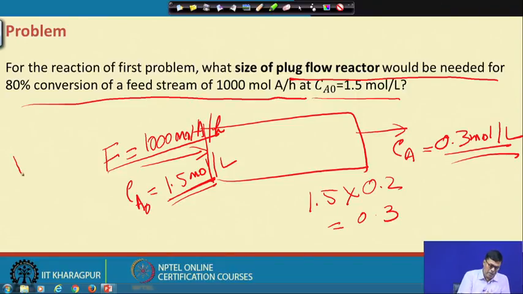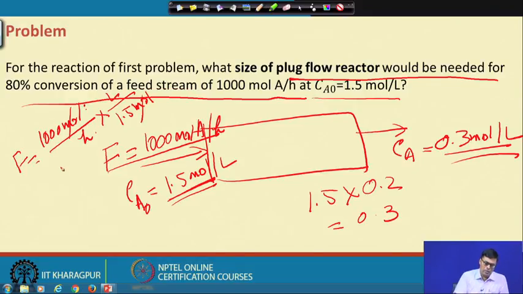Am I right? If you want to convert it to volumetric flow rate, you can divide by CA0, 1.5 mole per liter. So mole will cancel, and you can easily find the volumetric flow rate in liter per hour. You can calculate like this.